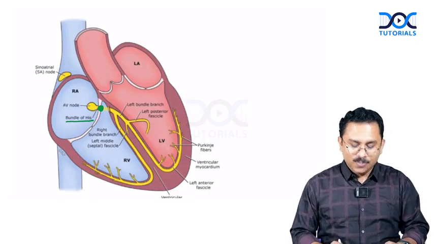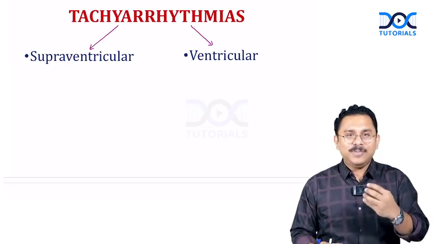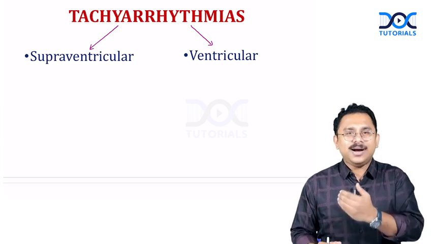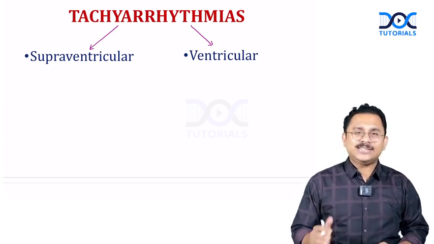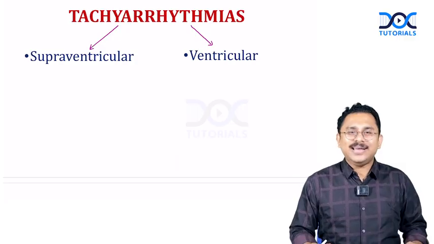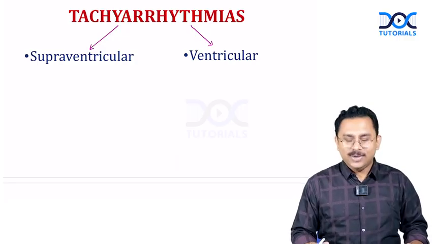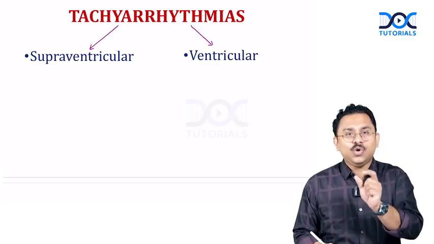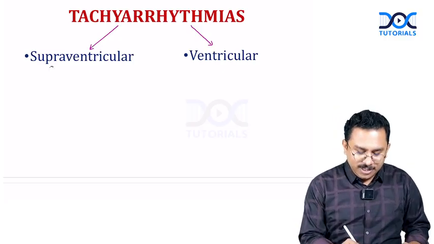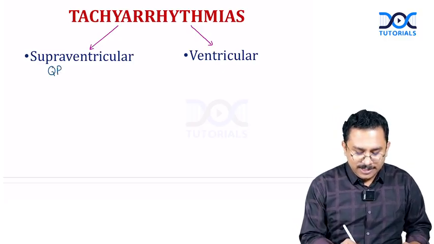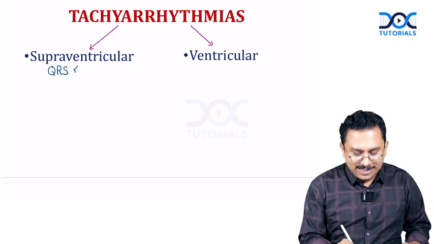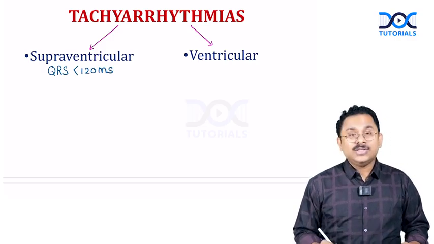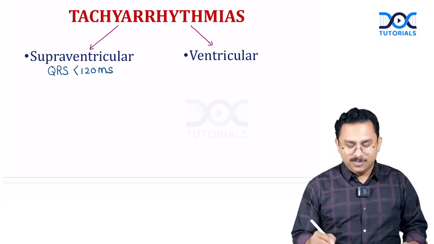Okay. Now, when you have a patient with an ECG strip having a heart rate more than 100 per minute, how do you decide, is it a supraventricular tachyarrhythmia or a ventricular tachyarrhythmia? Please look at the duration of QRS complex. If the QRS duration is less than 120 milliseconds, it is called a supraventricular tachyarrhythmia.